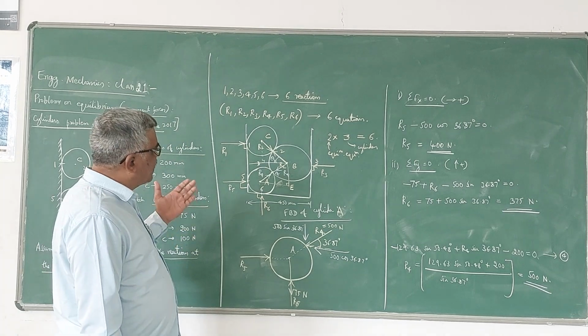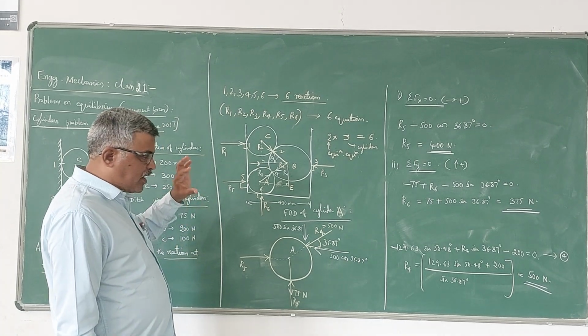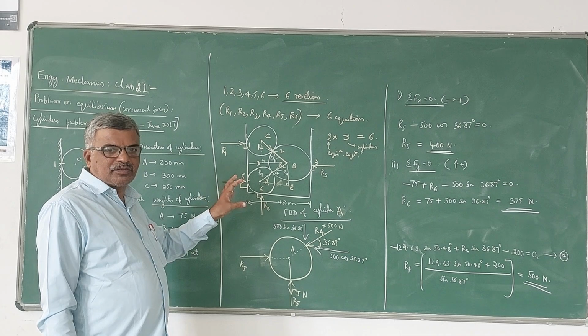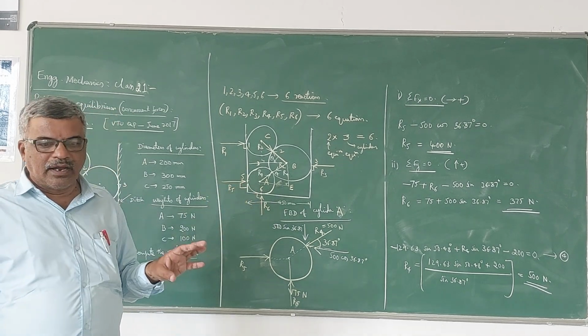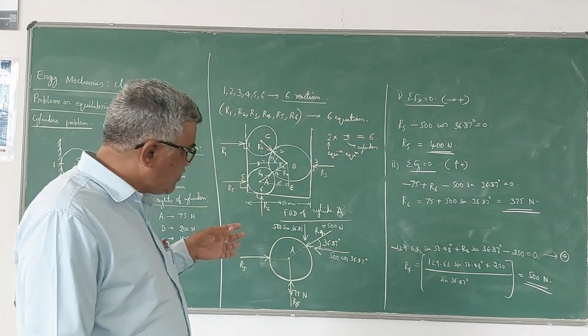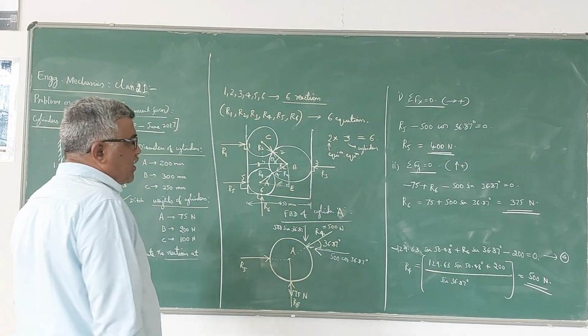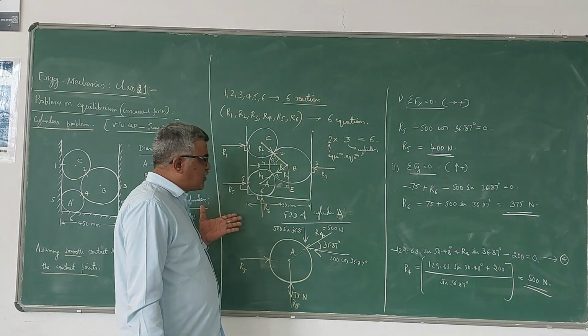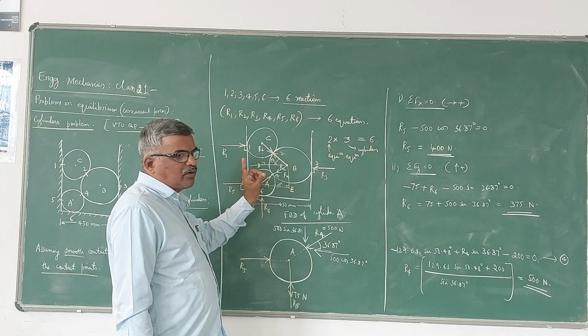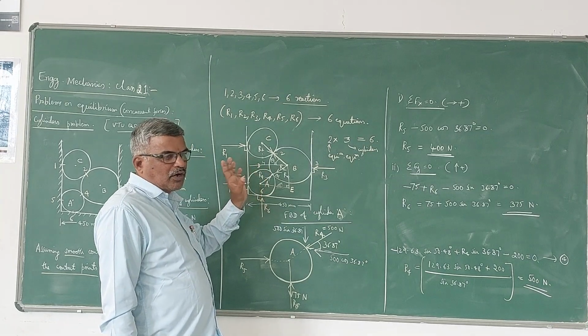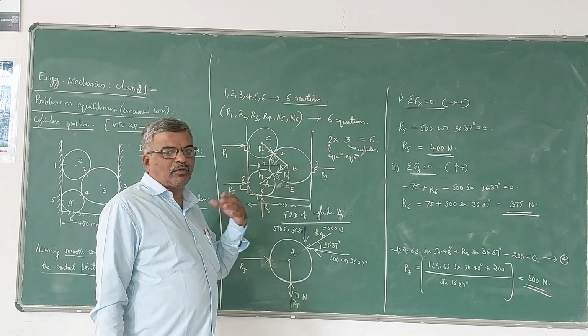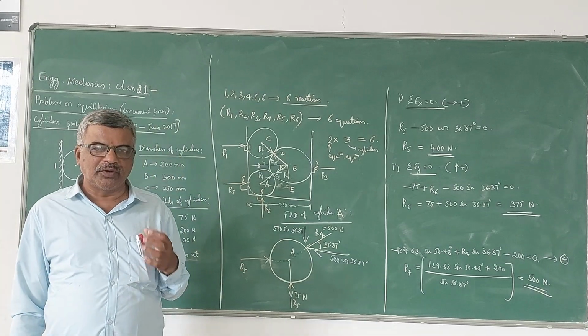So finally we can solve by taking the free body diagram of each sphere or cylinder separately, and then applying the equilibrium equations and solving them. So the first thing we have to see here is that the number of unknowns should not exceed 2. So that free body diagram of the object you have to take first.